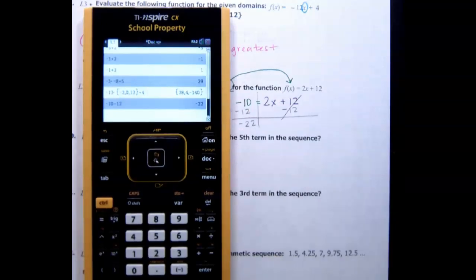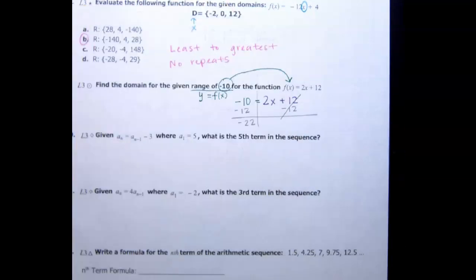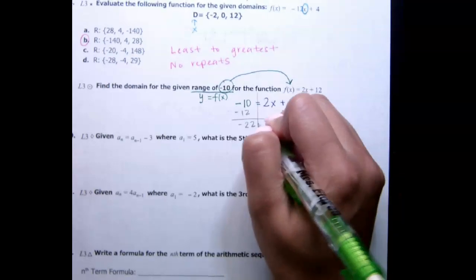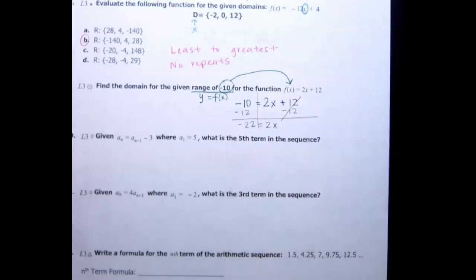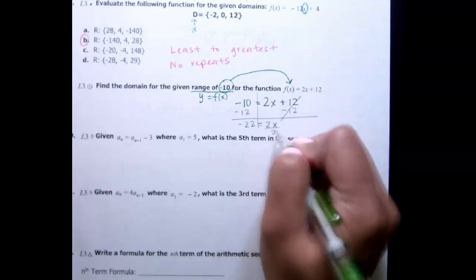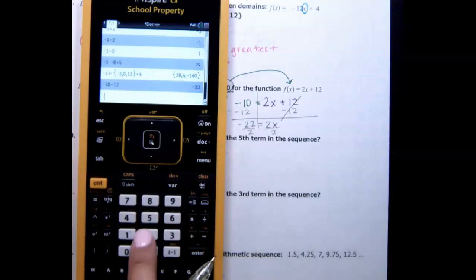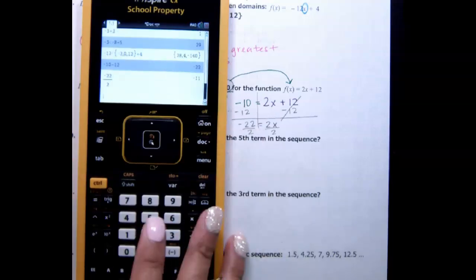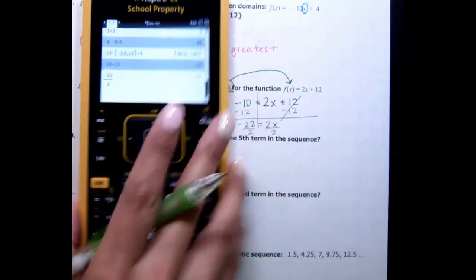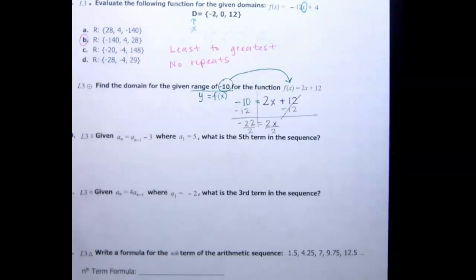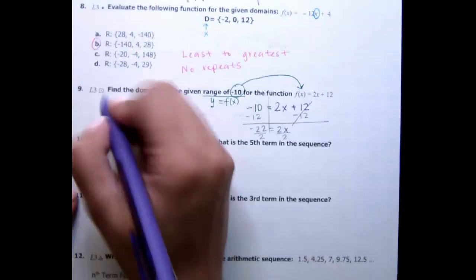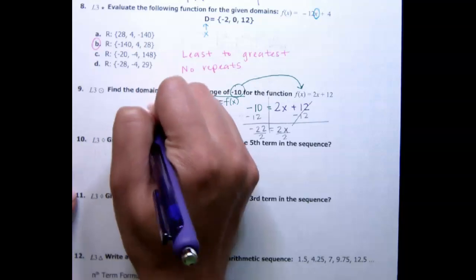And then I have negative 22 equals 2x. I solve for x by dividing both sides by 2. Negative 22 divided by 2 is negative 11. So my answer, my x value, x equals negative 11.